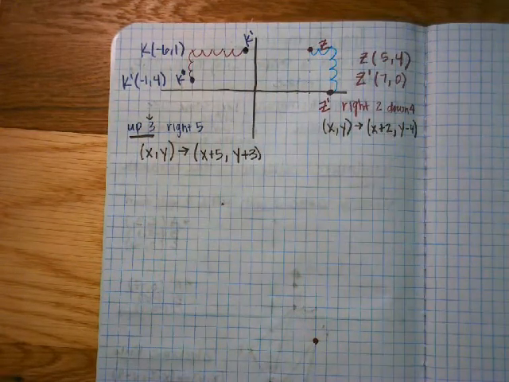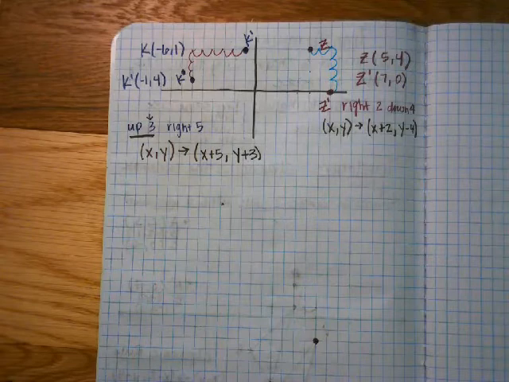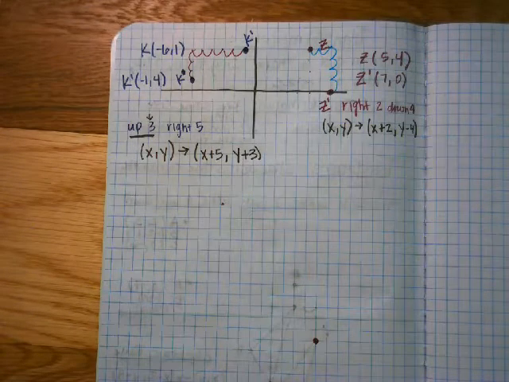So has anyone noticed any trends in our rules here, like about when we add and when we subtract?